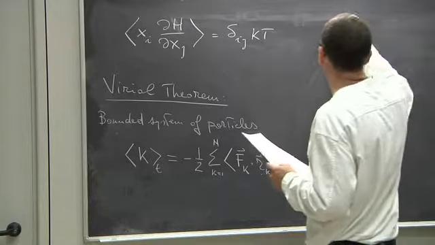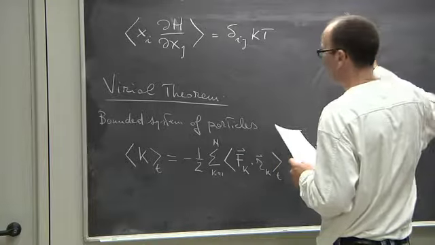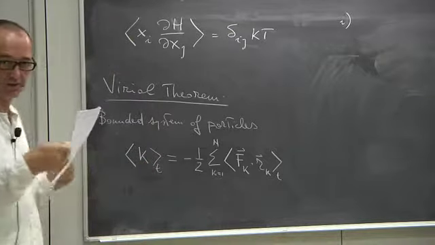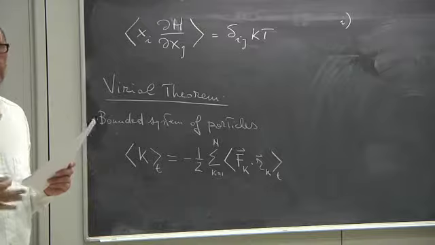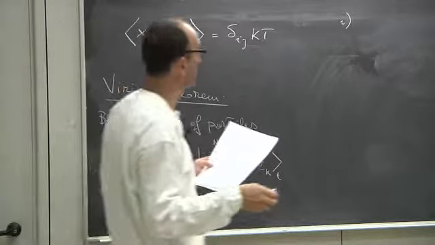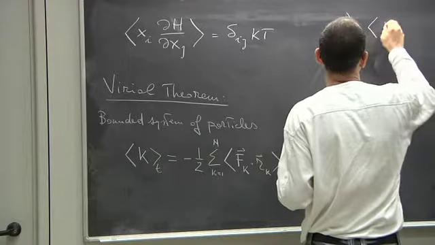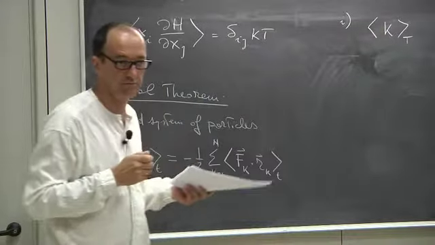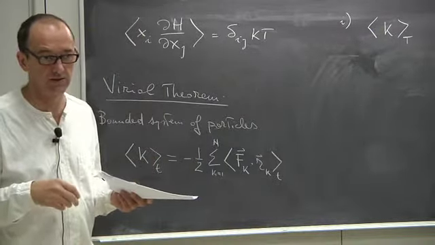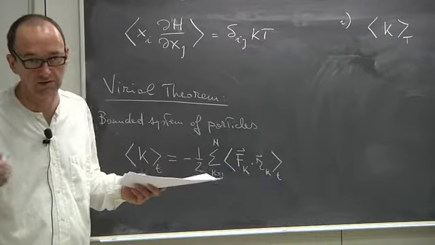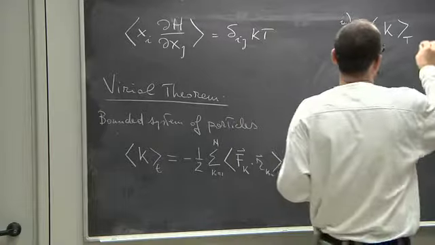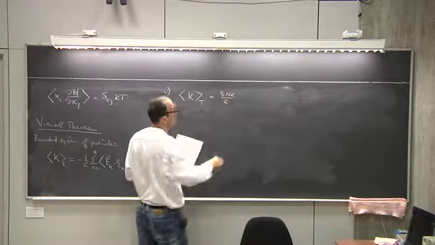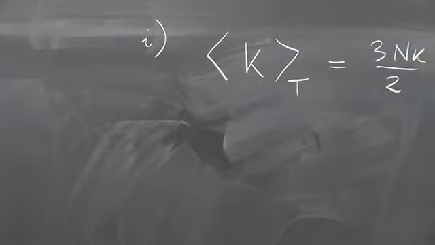Well, because if instead of taking a time average, we take averages over the canonical ensemble, at a fixed temperature, then what we have seen is that the average kinetic energy for a system of n particles in 3 dimensions at temperature T is equal to 3nkT divided by 2, by the equipartition theorem, right?